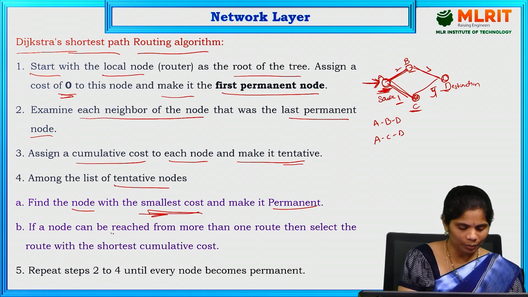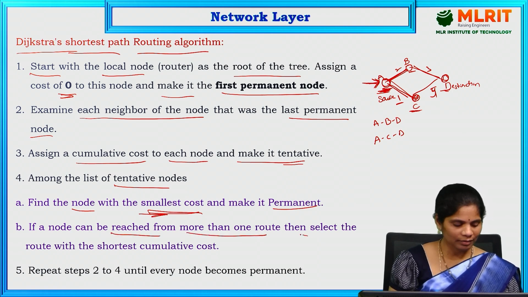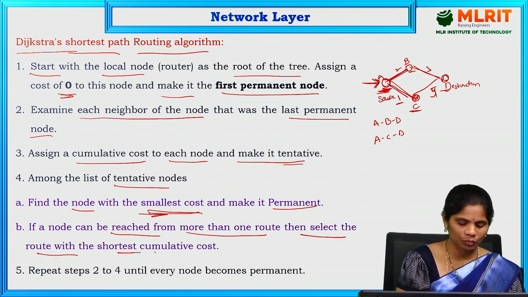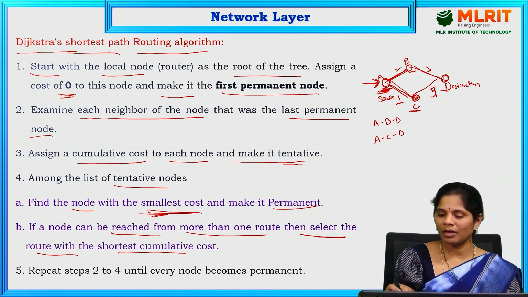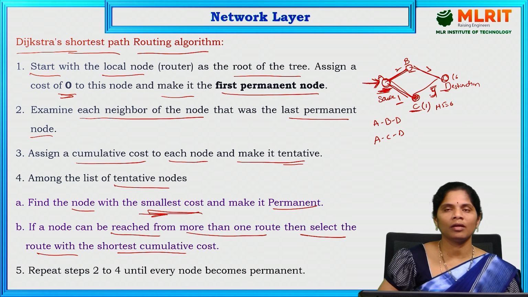If the node can be reached from more than one route, then select the route which has the shortest cumulative cost. How does that happen? Suppose here the cost is 1. After this, if I want to go from C to D, it is going to be 6, meaning 1 plus 5 equals 6.